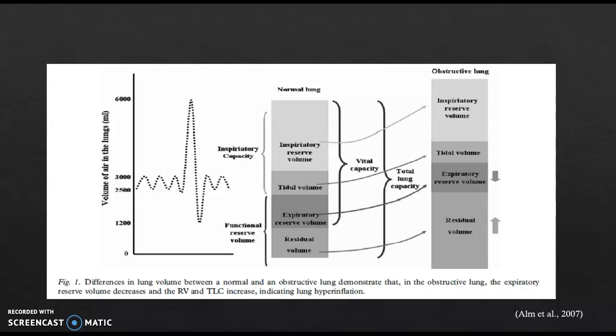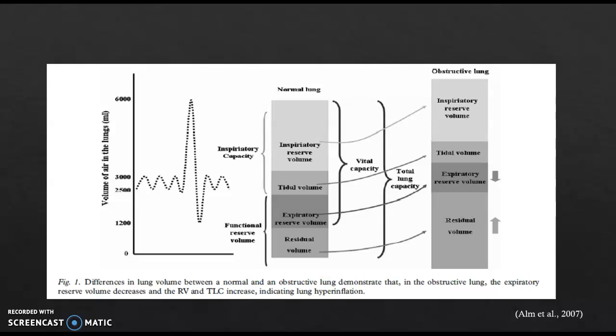So it starts off by introducing the idea of what does lung hyperinflation look like in COPD and why is it really important to look at. So what we see is within our healthy normal lung, so that's what this is showing you, we have our values for the inspiratory reserve volume, the tidal volume, expiratory reserve volume, and then the residual volume.